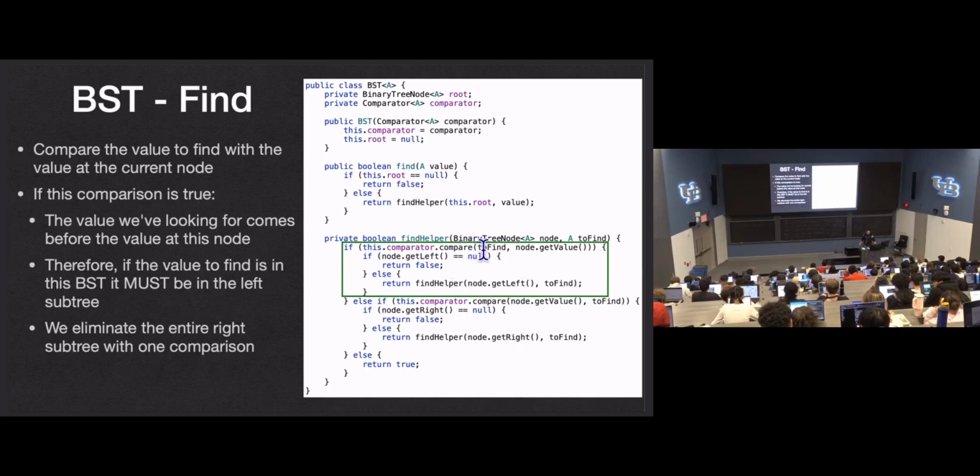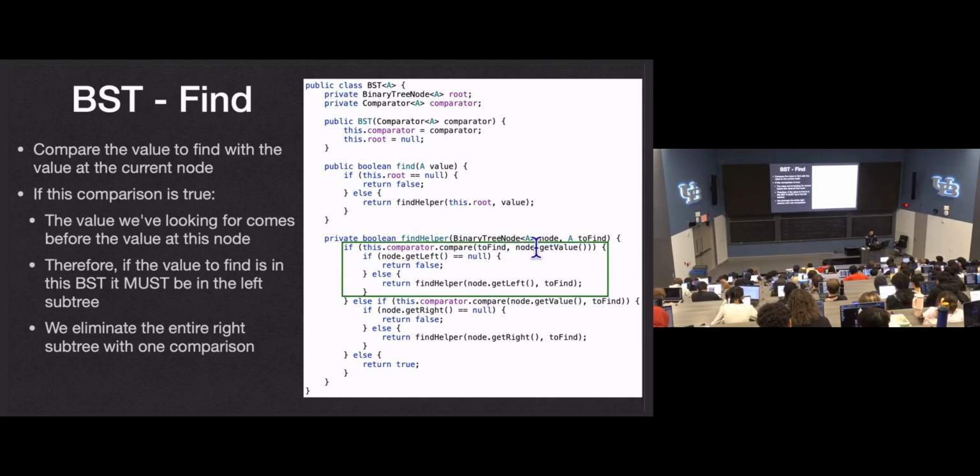We're going to ask our comparator, the value I'm looking for, does it come strictly before the value at this node? Remember how our comparator works. It's going to return true if the first argument comes strictly before the second argument and false otherwise, including ties. So we're saying, is the value I'm looking for strictly to the left of this node's value?